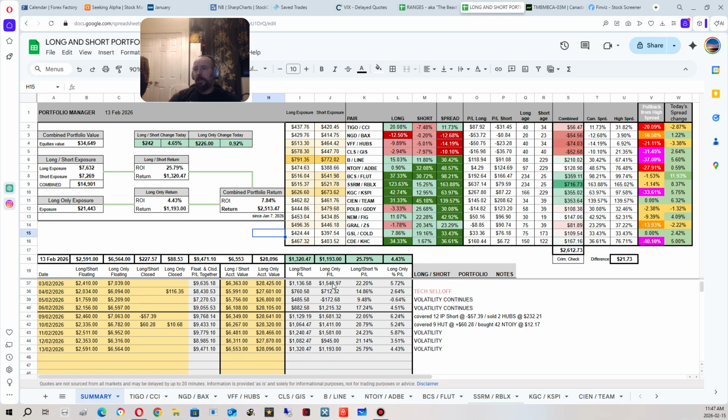The reason I'm doing this chart and I'm showing you long short and long only is to prove a point that hedging, which is long and short trading, is the way to go. It's much more stable, definitely volatile, just like everything else, depending on what your exposure is to. But overall, it's a winner versus the long only portfolio, which is subject to major corrections every time there's a shock in the market or major news.